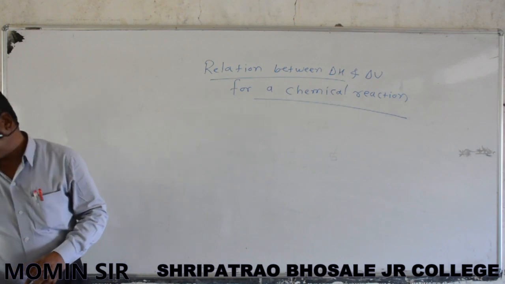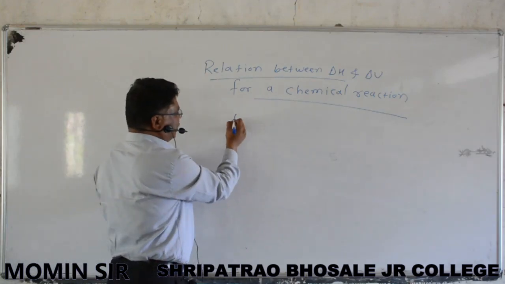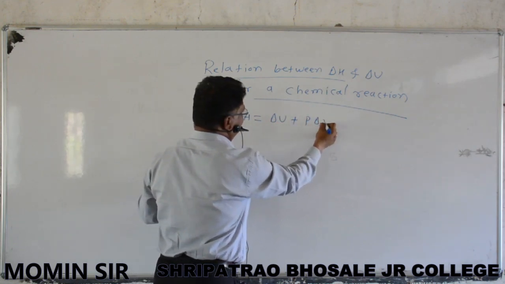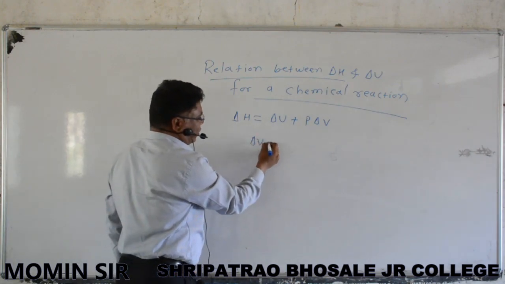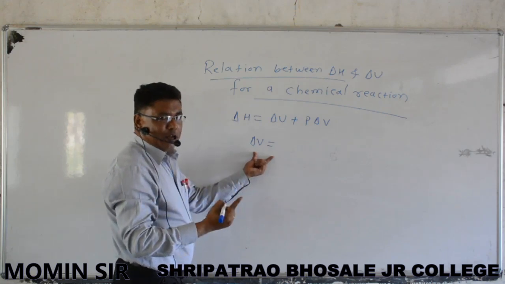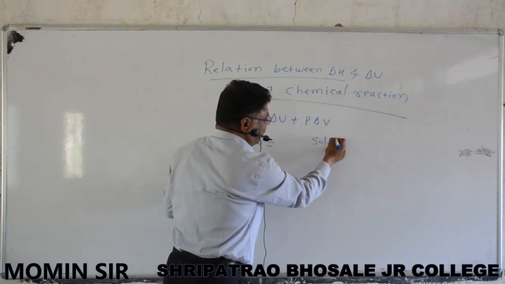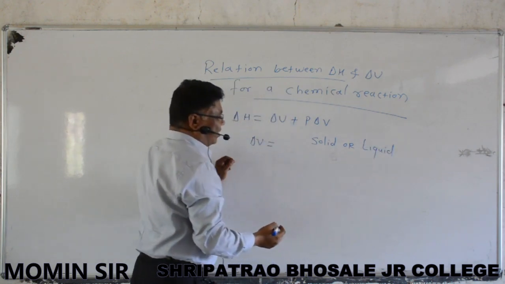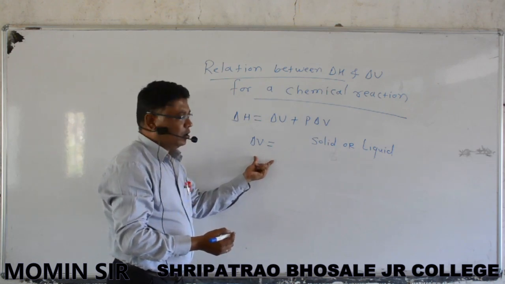You know that at constant pressure and constant temperature, delta H is equal to delta U plus P delta V. So here delta V is nothing but change in volume, and those chemical reactions in which reactants are in solid or in liquid state, change in volume is very, very small, or it is negligible.